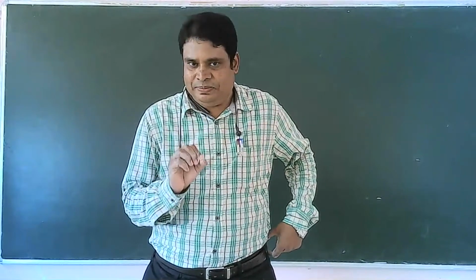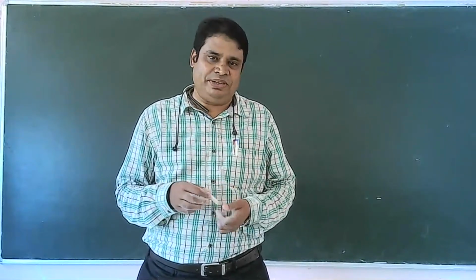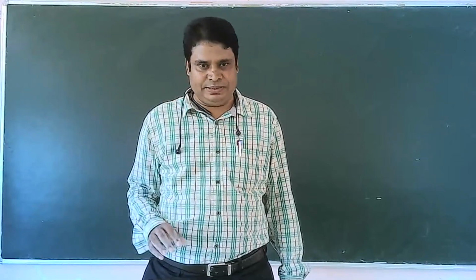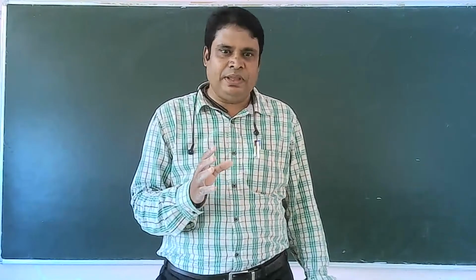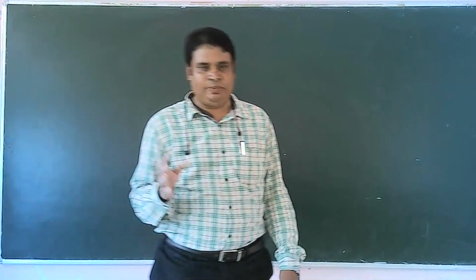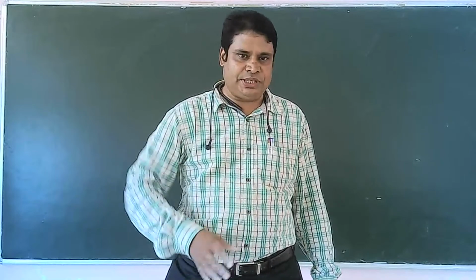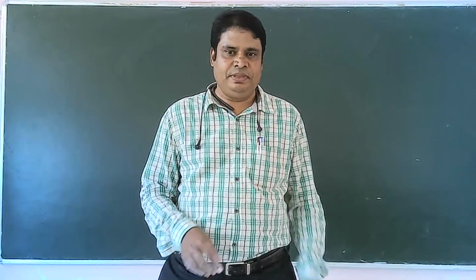Now it is time to study optical instruments, the last part of the chapter. The name of the chapter is ray optics and optical instruments. Now we are at the stage where we are supposed to study optical instruments.